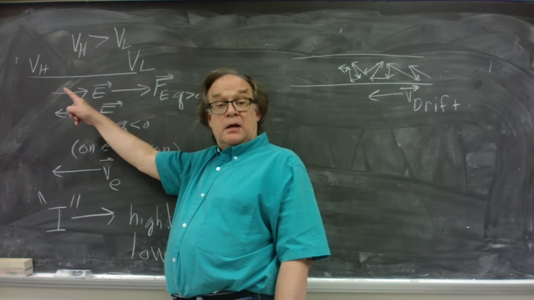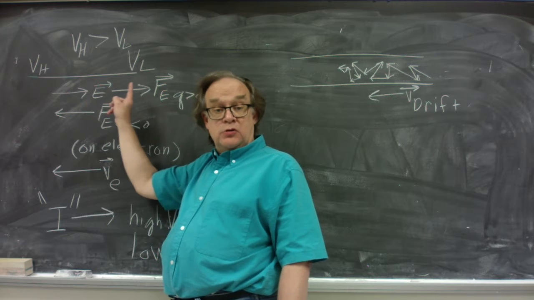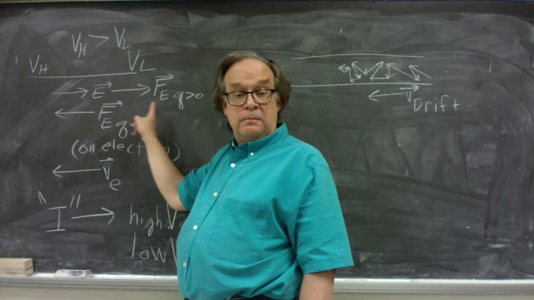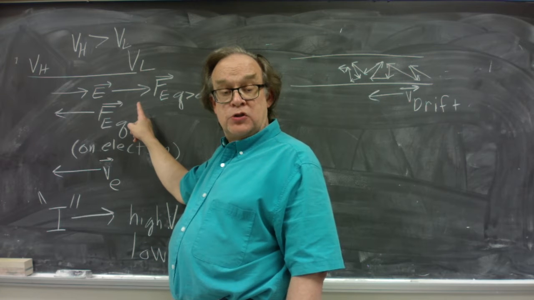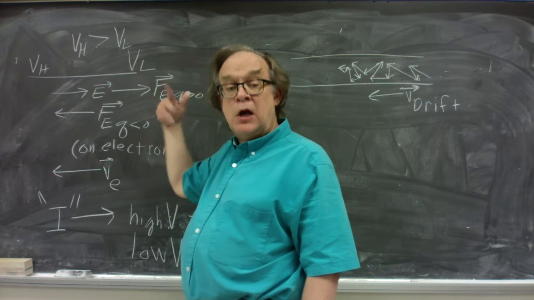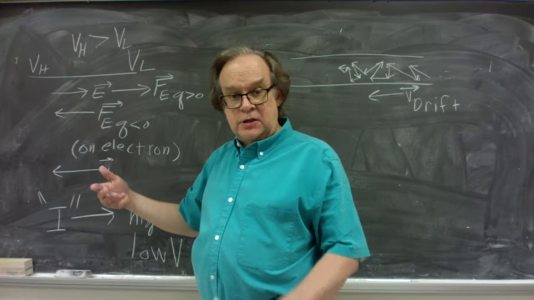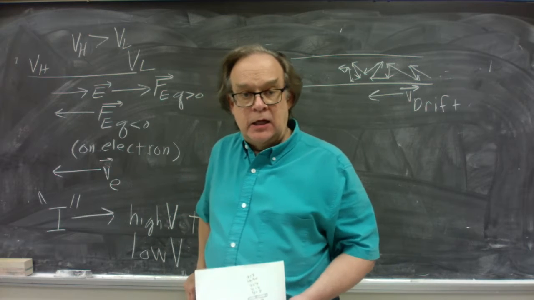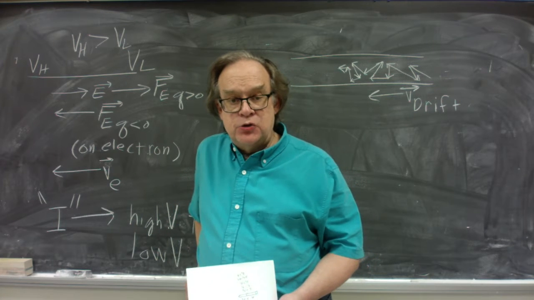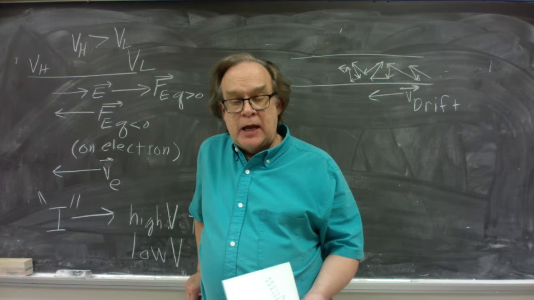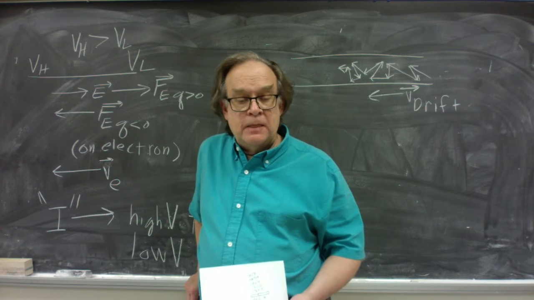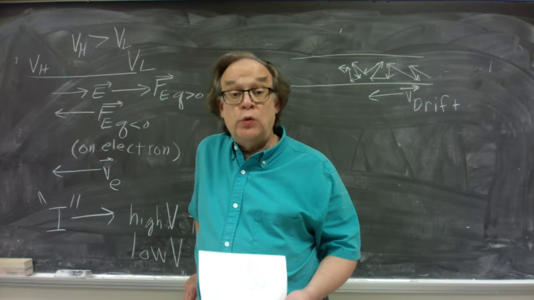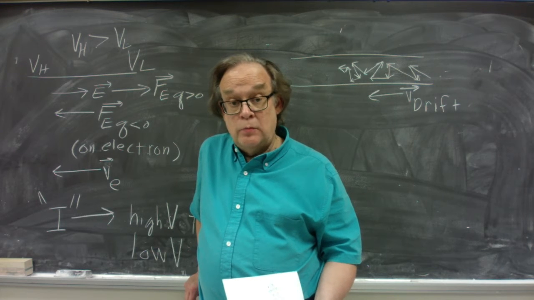So if positive charges were able to move around inside this wire, they'd feel a force pushing them towards the right. However, what happens in a normal metallic conductor is that you have in each atom an electron or two or three that are bound only very loosely to their home atom.